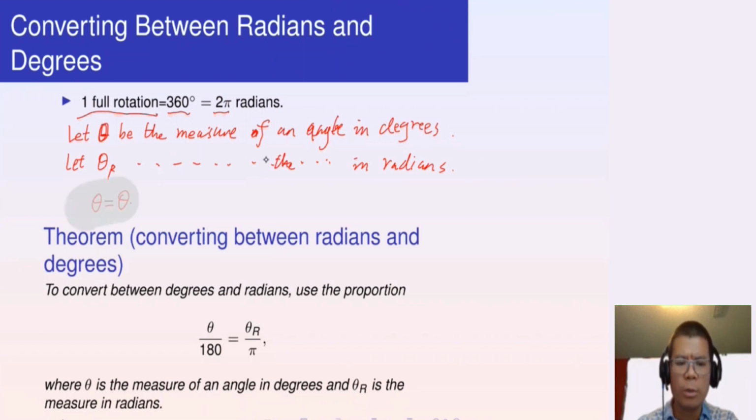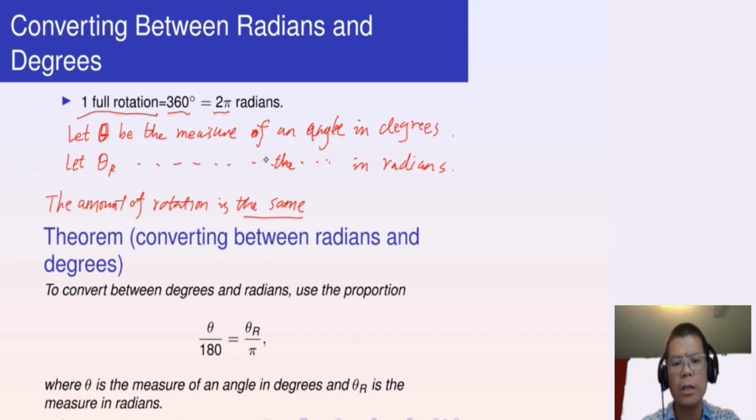The fraction of a full rotation should be the same. The amount of rotation is the same, because it's the same angle.